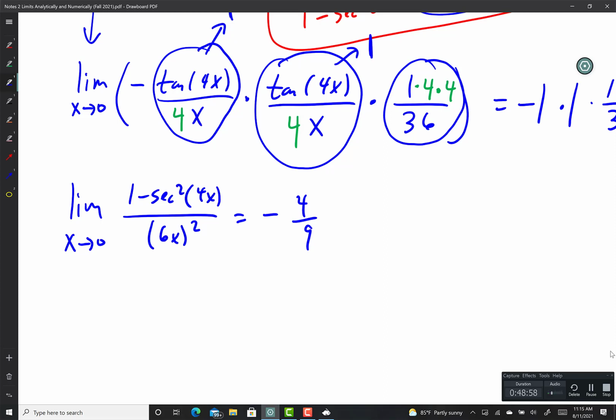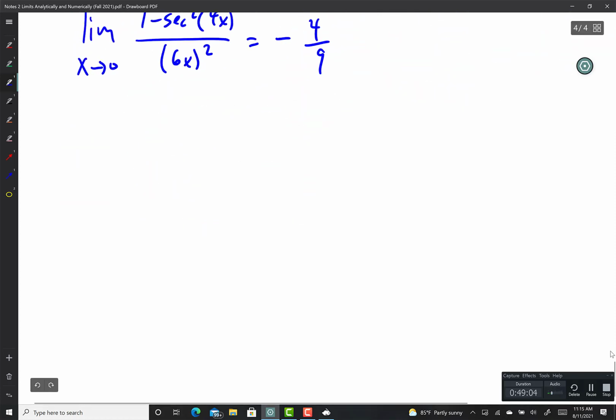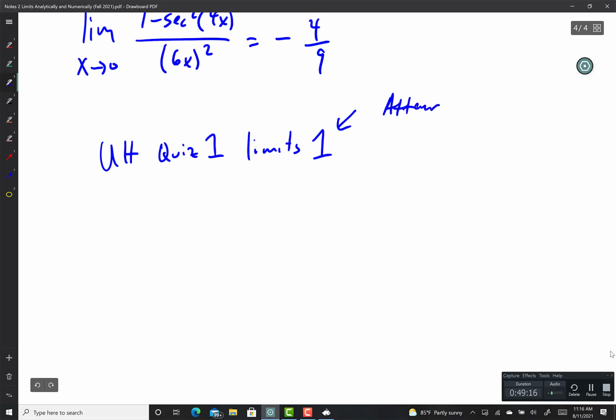All right. So at the moment, you are good enough to do UH quiz. Don't worry, it doesn't have the hard trig ones. UH quiz 1, limits 1. And this is the one that I want to see an attempt today. Just an attempt.